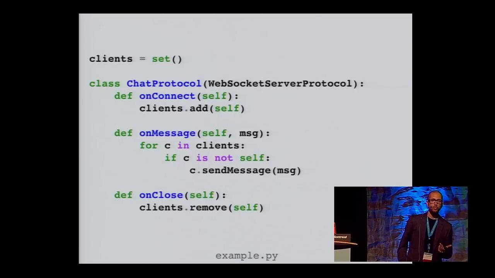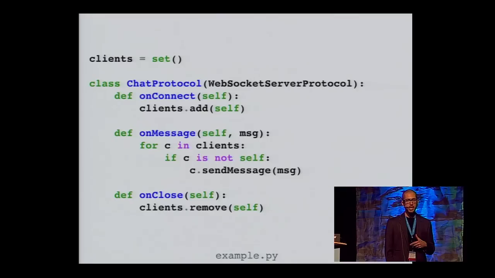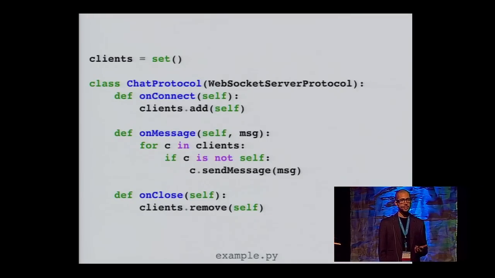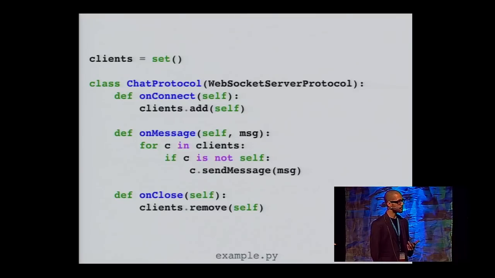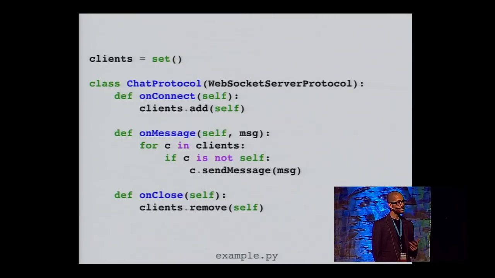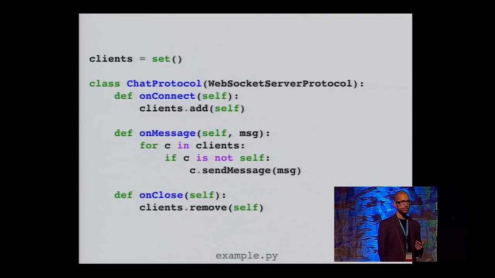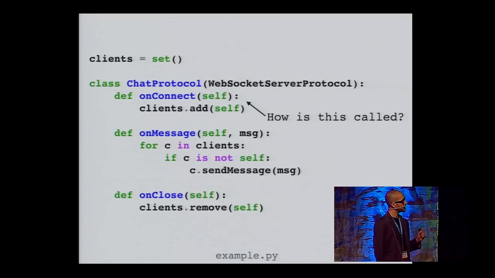OnConnect runs when a client connects to us and we add ourselves to the global list. And then onMessage handles incoming messages from clients and rebroadcasts them to all of the other clients. And then the final thing, onClose, just removes us from the global list whenever a client disconnects from us. So really simple and stereotypical.